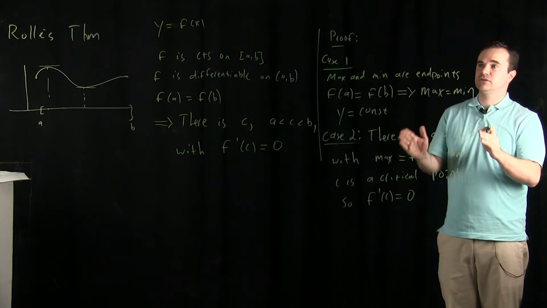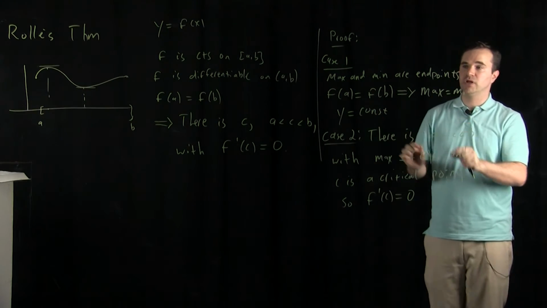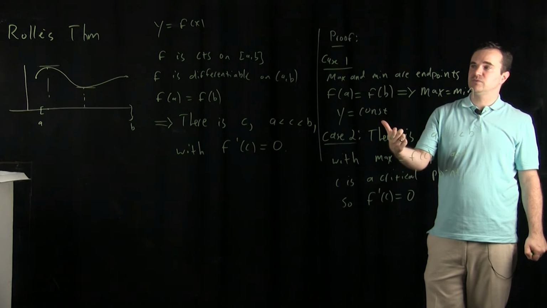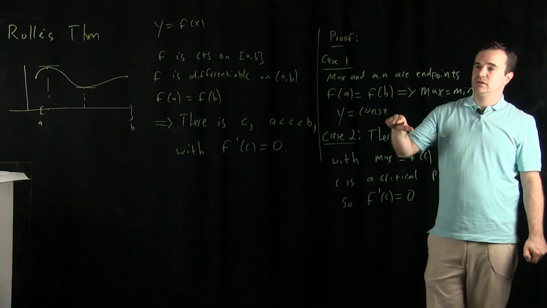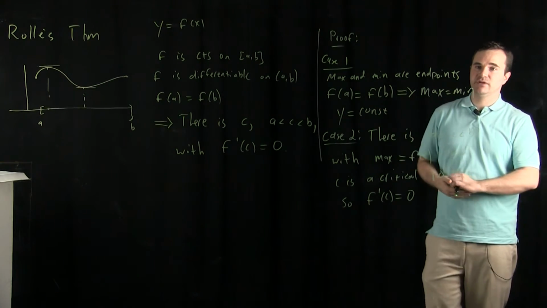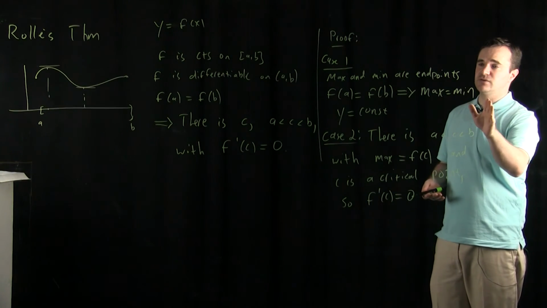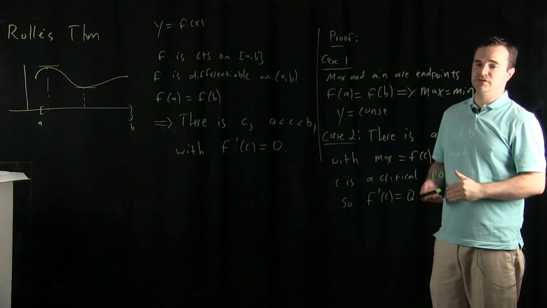If you're continuous on the closed interval, if you're differentiable on the open interval, if you know those endpoints are equal, then there must be a point in the middle, at least one point, with a horizontal tangent line. And there's different ways that could happen. If your max and min are at the endpoints, then you're constant anyway. So at all the points in the middle, your derivative is equal to 0.